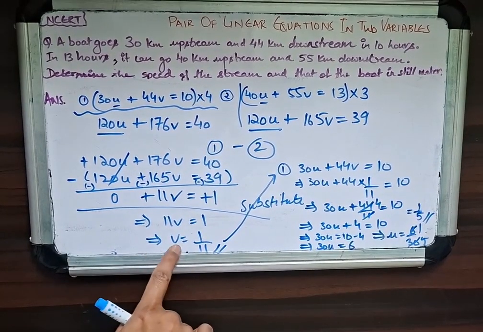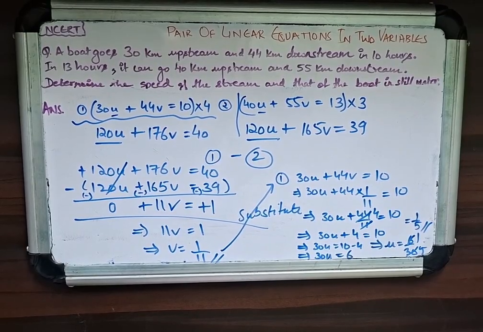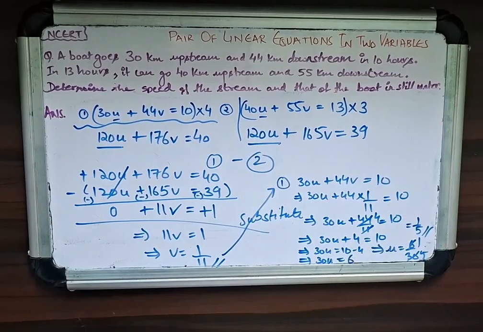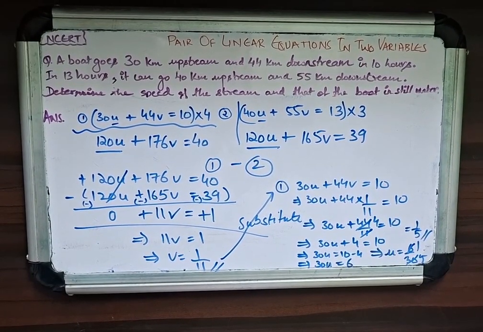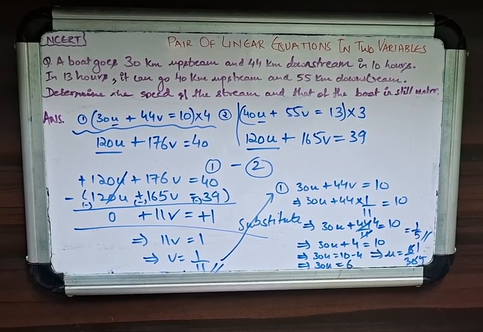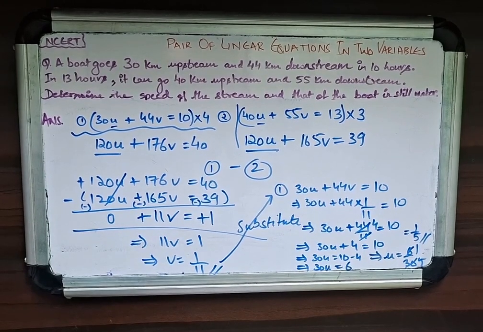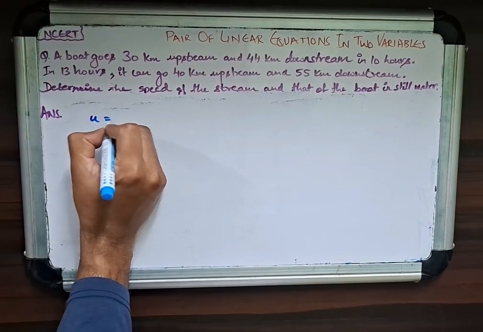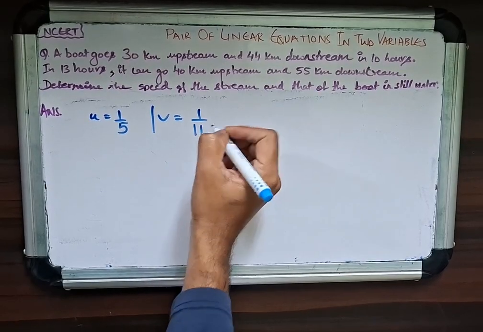So now you have the values of v and u. Remember, our task was to figure out the speed of the stream and that of the boat in still water. Those are represented by the variables x and y. We have only figured out the values of v and u. Now we need to use them to figure out the value of x and y. So u is equal to 1 upon 5 and v is equal to 1 upon 11.